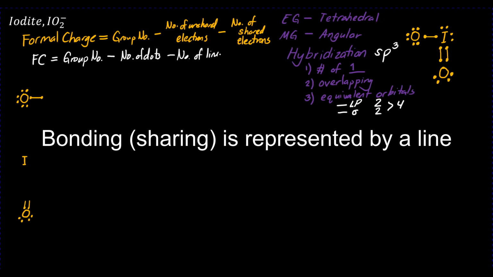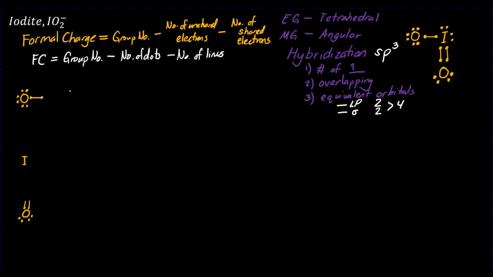Number of lines. So just an easy formula to remember, provided you have already made the structure. Okay, for oxygen number 1, oxygen belongs to group 6. 6 unshared electrons, 1 shared electron. Total formal charge is -1.